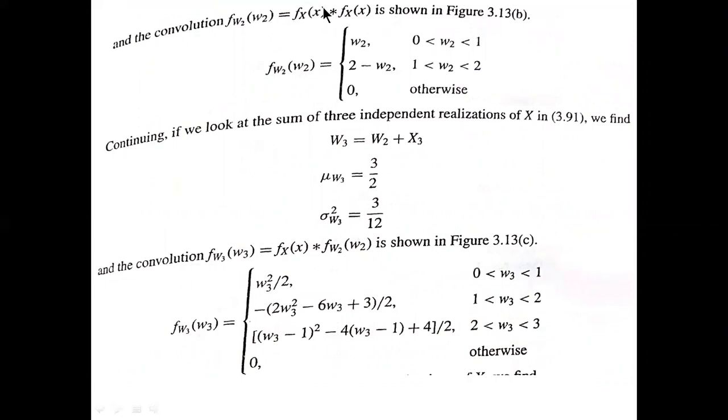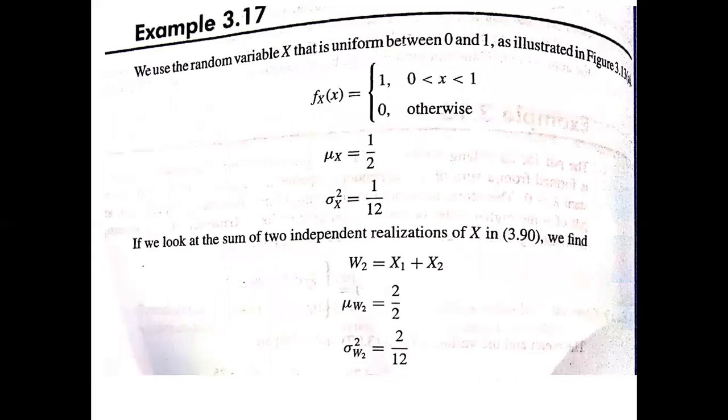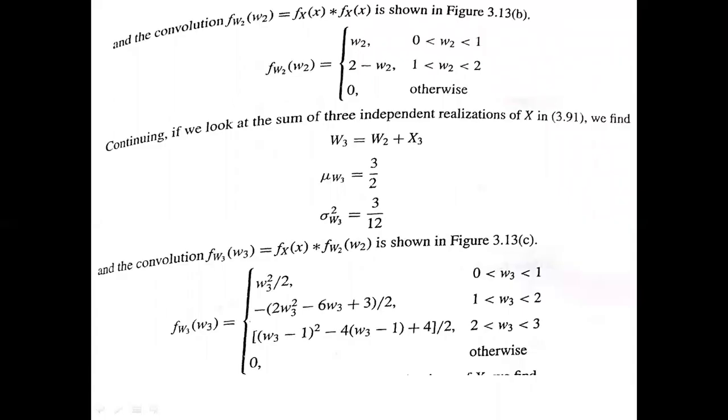Please remember that they are uniform random variables between 0 and 1. They are f(x) only between 0 and 1, and you need to convolve this. I hope you can do that on your own. If you do that, you will get this. So please do that as an exercise, so that you will get this value at the end.